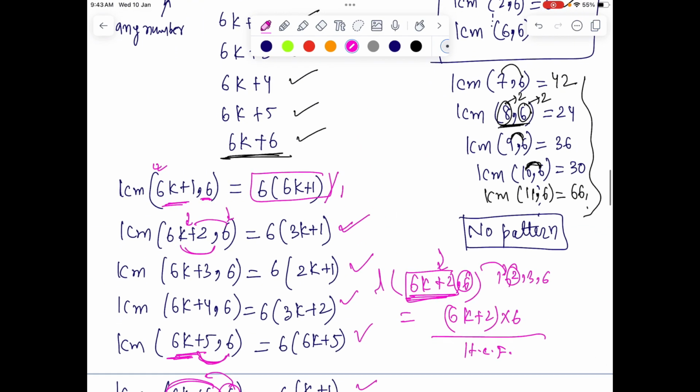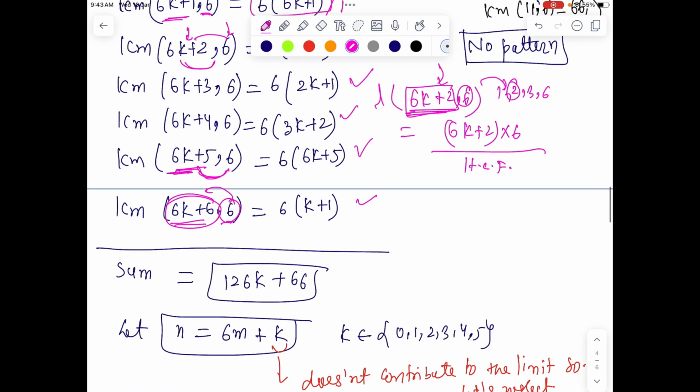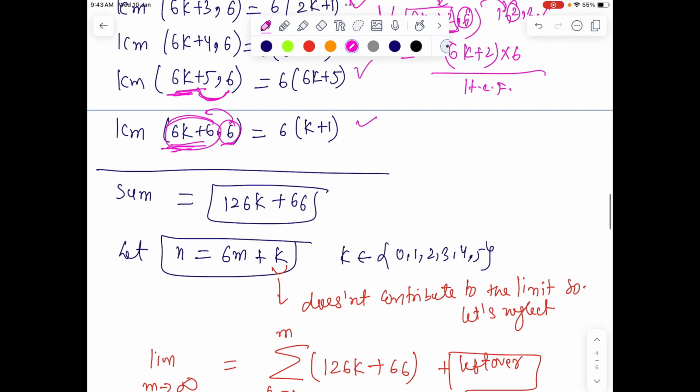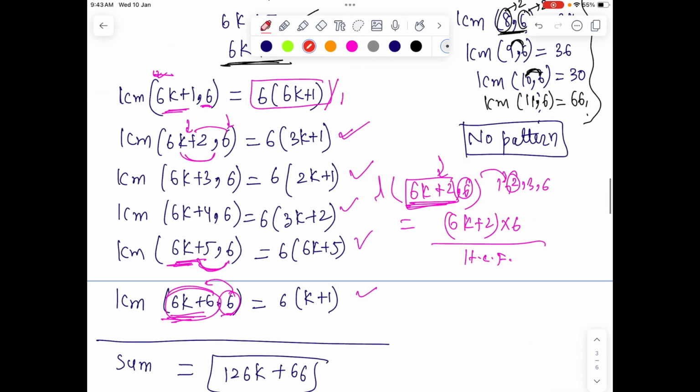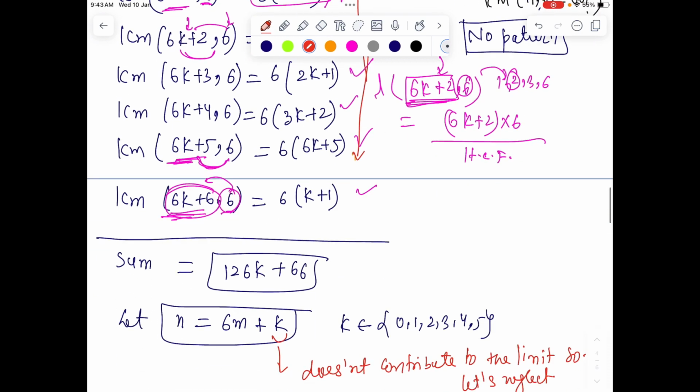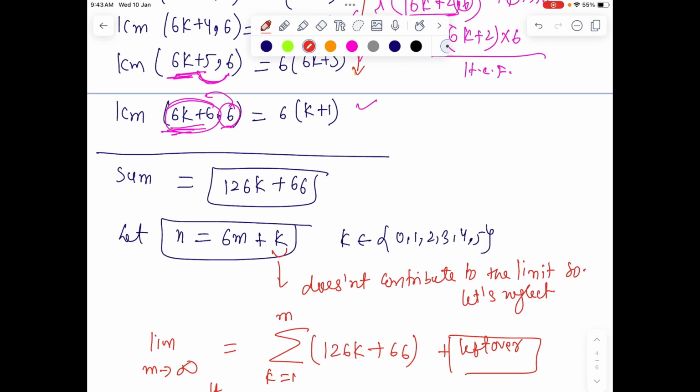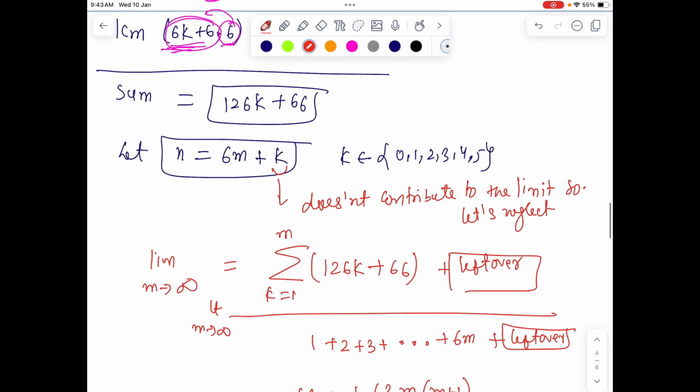If I add all these LCMs, so if I start from any number having remainder 1 and you go to a number having remainder 0, the sum of all these LCMs will be 126k plus 66. It's basically just adding this, guys, right?